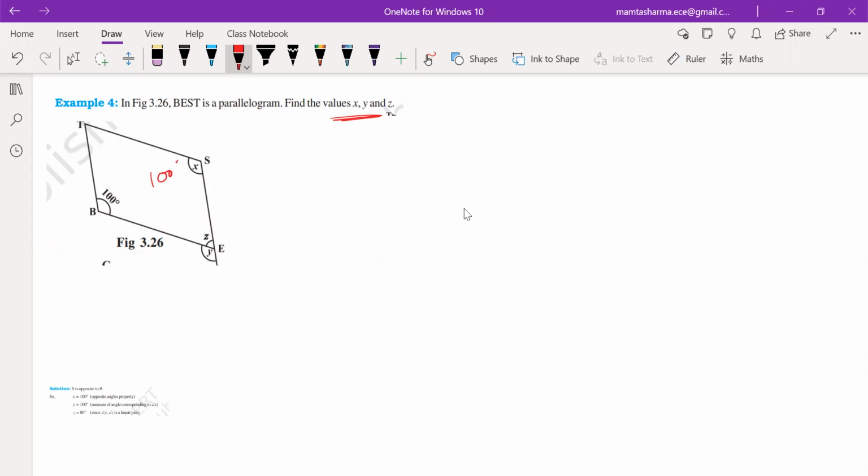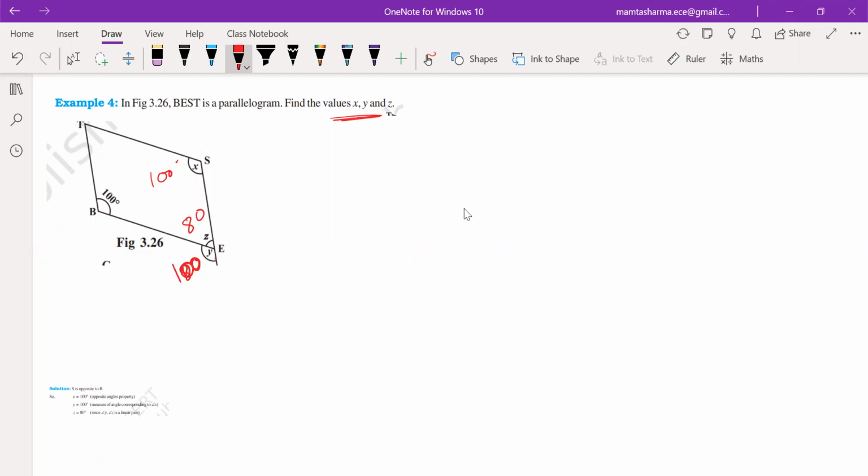Ma'am, y is 100 only and z is 80, ma'am. Z is 80 and y is 100. Okay, because they are opposite angles, x would be 100.